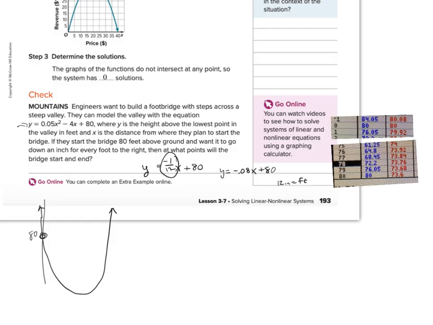When I go to check my tables, I put this into equation number 1, in y1 and y2, and I look at my tables. At 0, there's my y-intercept of 80, so that's where we started, and as I went down, it turns out that the closest we get is here at 78.